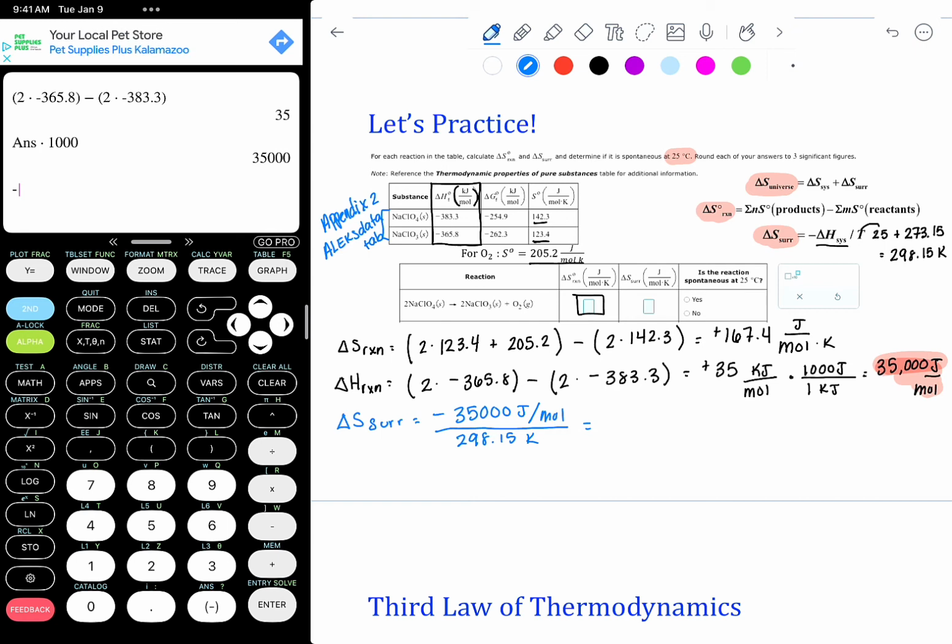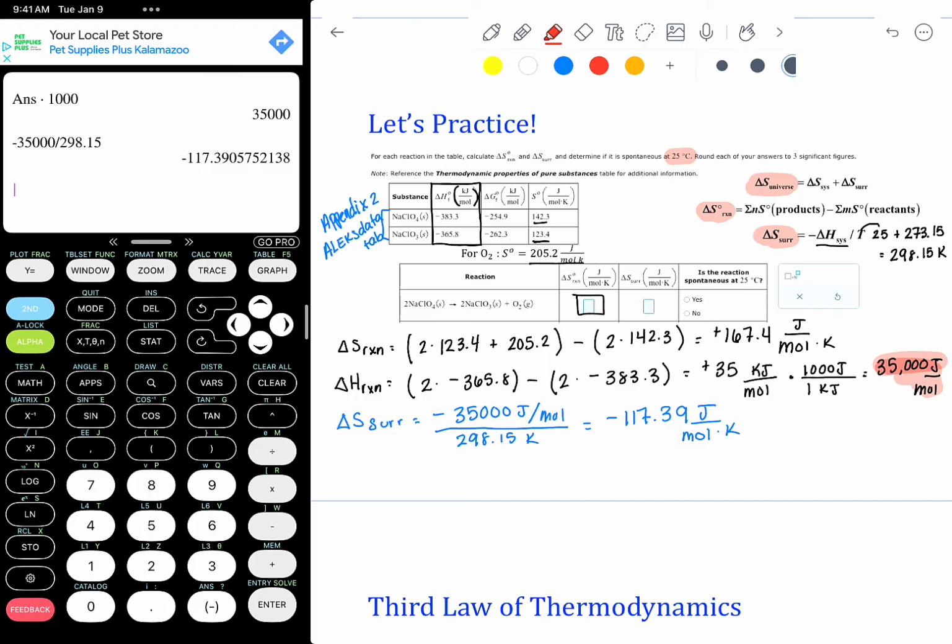So we get negative 35,000 divided by 298.15, and we get out negative 117.39 joules per mole Kelvin. So that is the delta S of the surroundings.